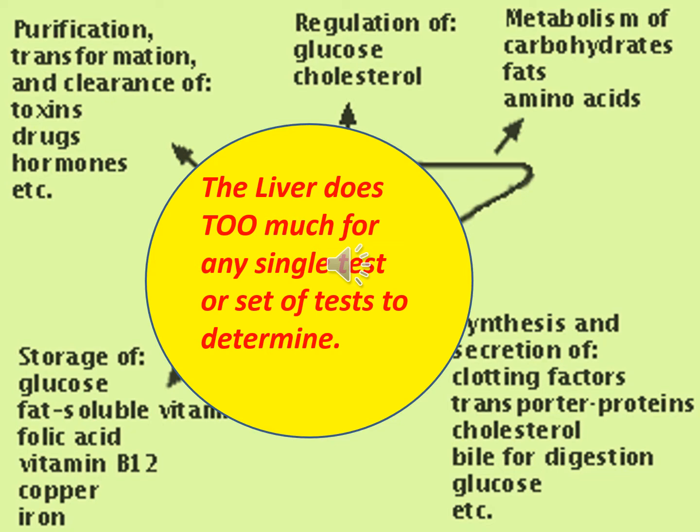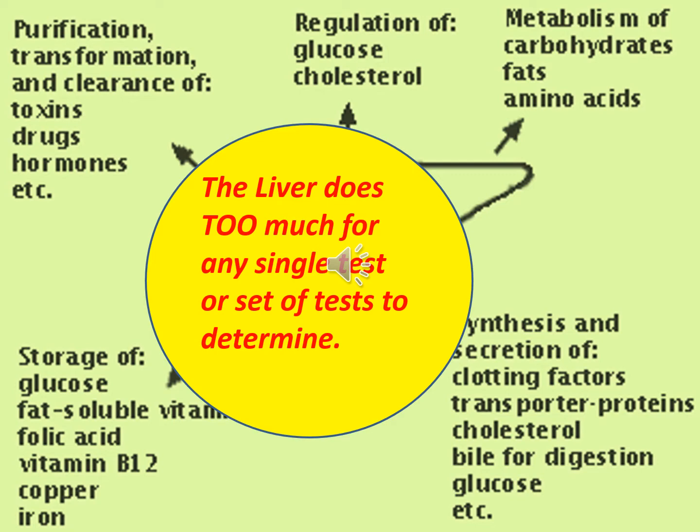Actually, the liver carries out a lot of functions, from purification, transformation, and the clearance of toxins, drugs, hormones, etc., metabolism of carbohydrates, fats, amino acids, regulation of glucose and cholesterol, storage of glucose, fat-soluble vitamins, folic acid, vitamin B12, copper, and iron.